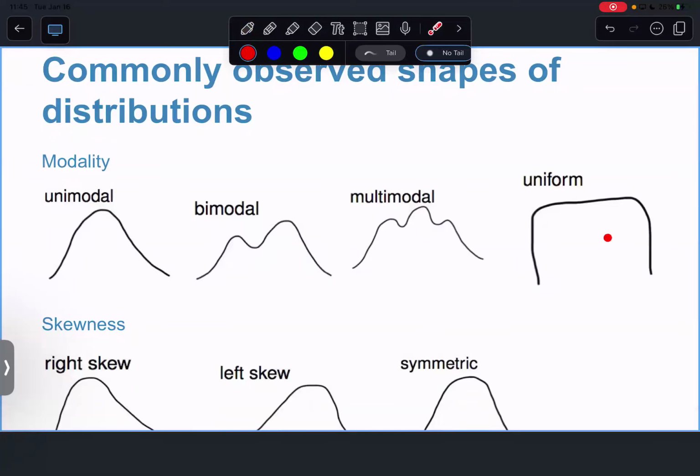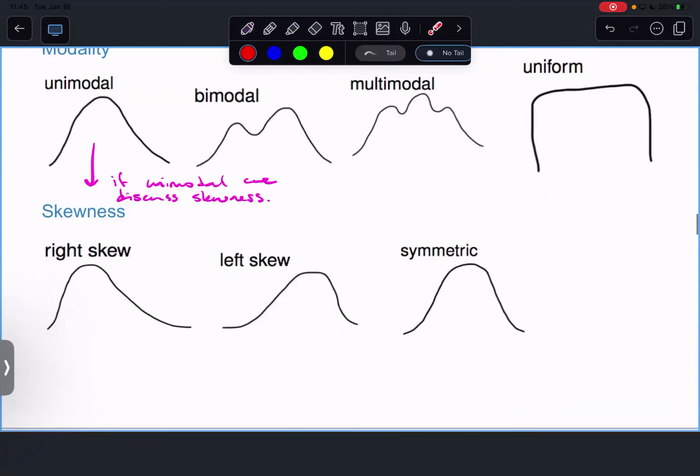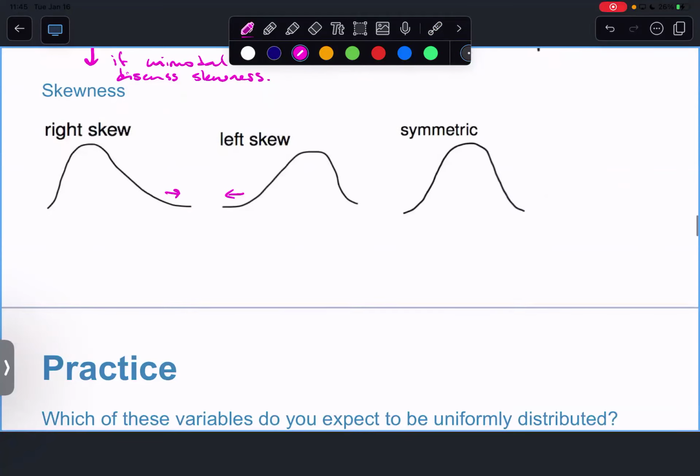If it's unimodal, we discuss skewness. It can be skewed to the right, skewed to the left, or it can be symmetric. And I'll just emphasize with arrows in the direction of the tail. Little recap, I guess.